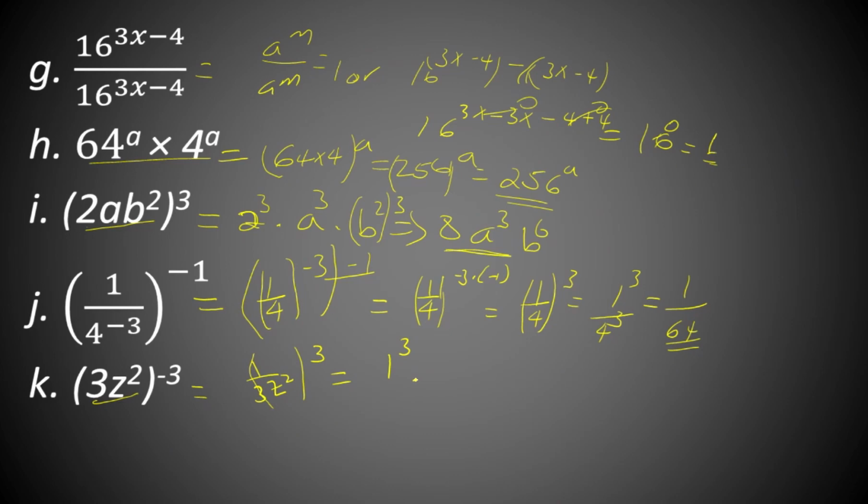We know that 1 cubed is 1 itself, and 3 cubed is 27. So we have z to the power of 6 over 27. Or this can be transformed to z to the power of minus 6 over 27. It's possible to write it like this.